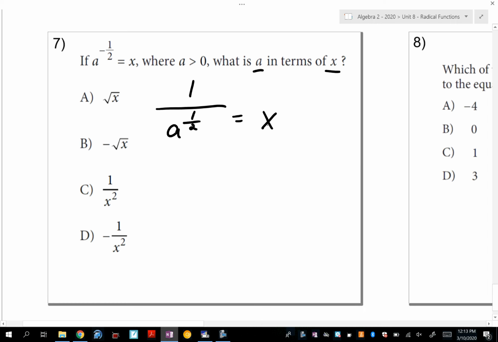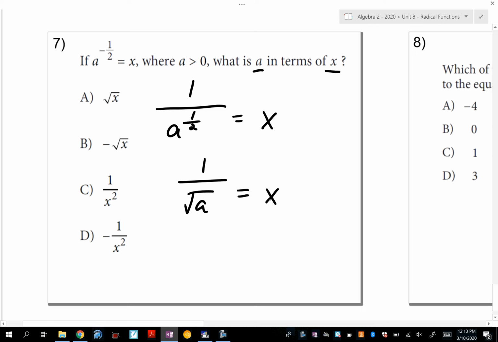I moved it to the denominator, but then it becomes a positive. Now, anything to the 1/2 power is the same as the square root. So that's the same as the square root of a.